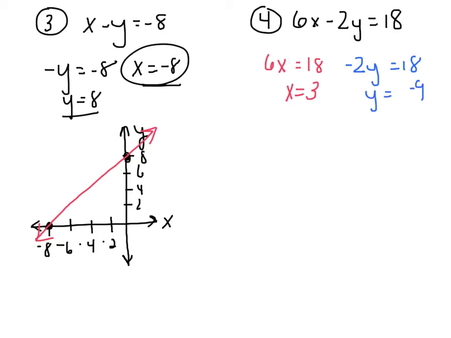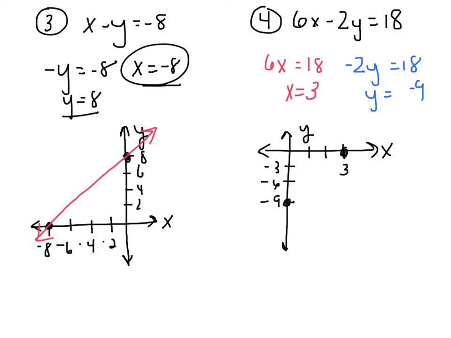If you graph this, your x-intercept graphs at 3. It crosses the y-axis at negative 9. I'm going to count by 3s. I connect them. And there is your line graphed using intercepts.